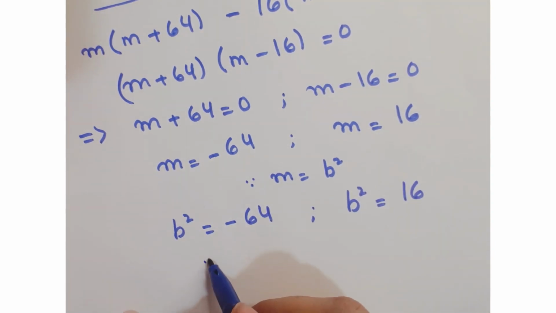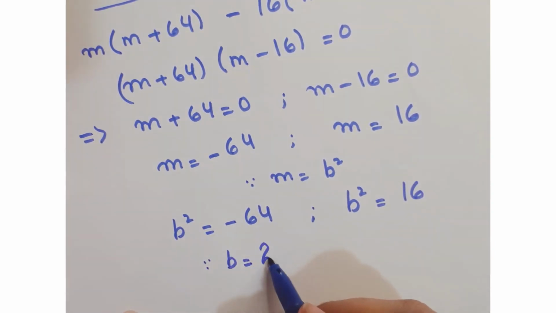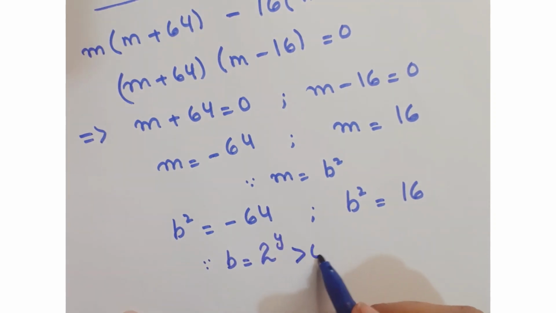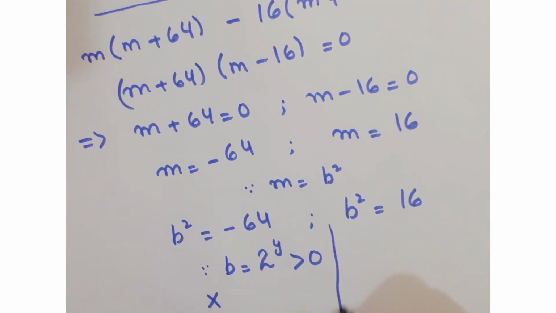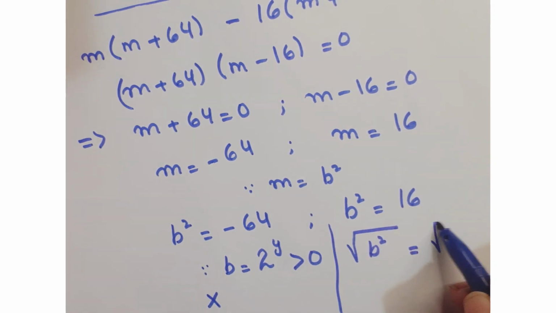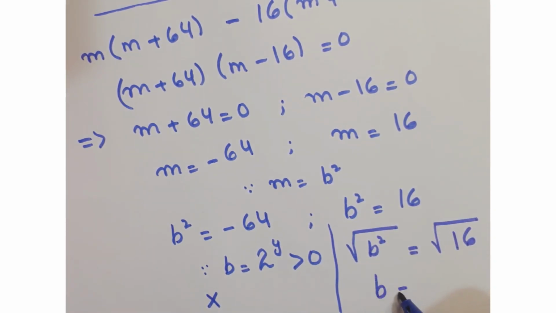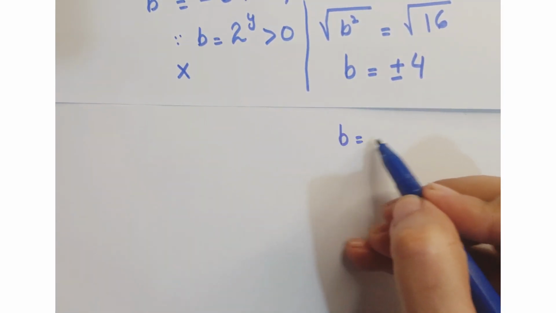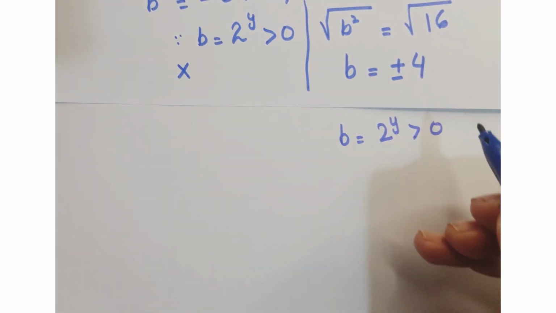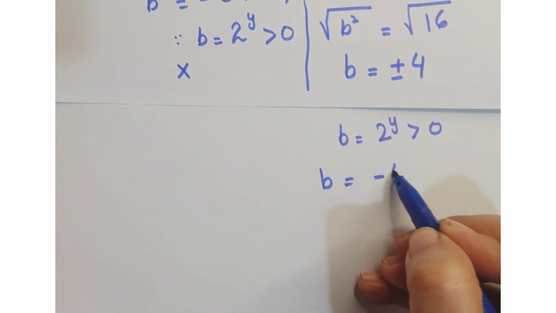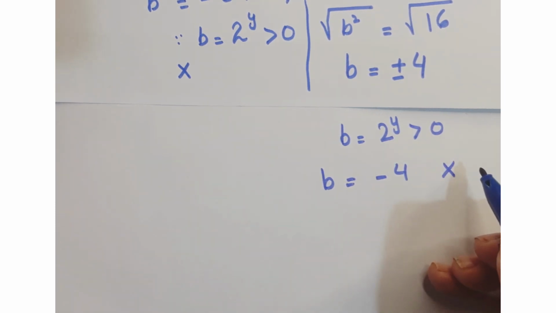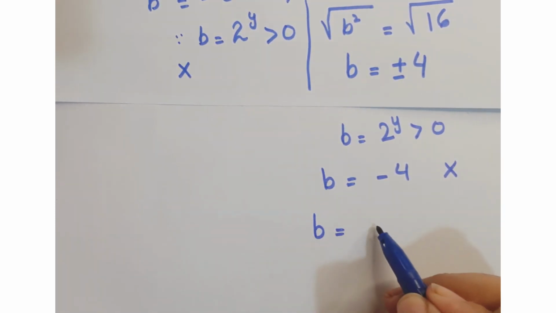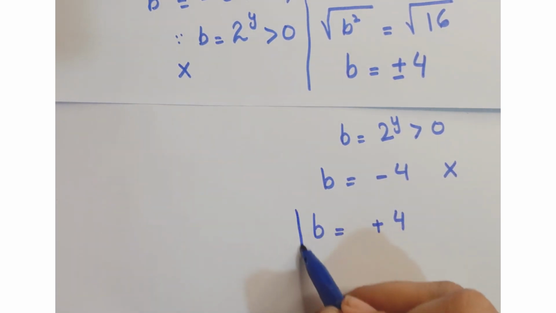But as we assumed that b is equal to 2 to the power y, which is greater than 0, we discard the solution b square is equal to minus 64. And here, by taking the square root, b is equal to plus minus 4. Since b is equal to 2 to the power y, which is greater than 0, b is equal to minus 4 is not an acceptable solution here. So the solution is b is equal to plus 4.